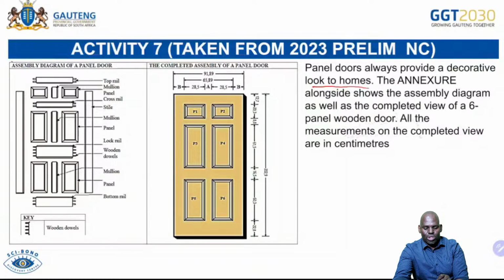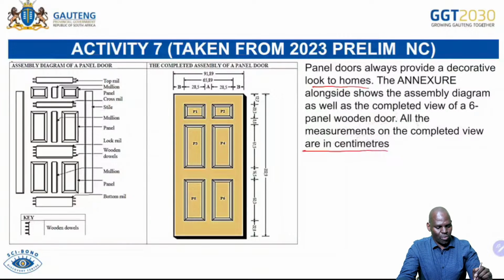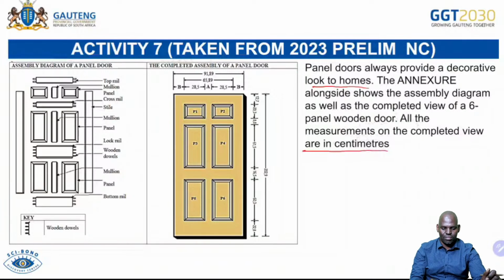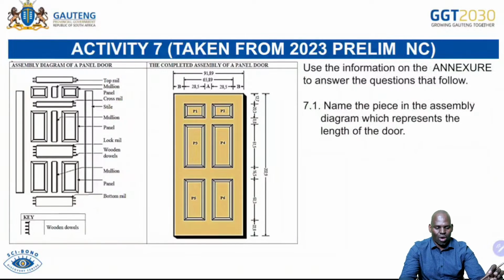All the measurements on the completed view are in centimeters. So there we've got the assembly diagram of a panel door, and then we've got the completed assembly of a panel door. That is the end product. But there you've got different parts. Use the information on the annexure to answer the questions that follow.